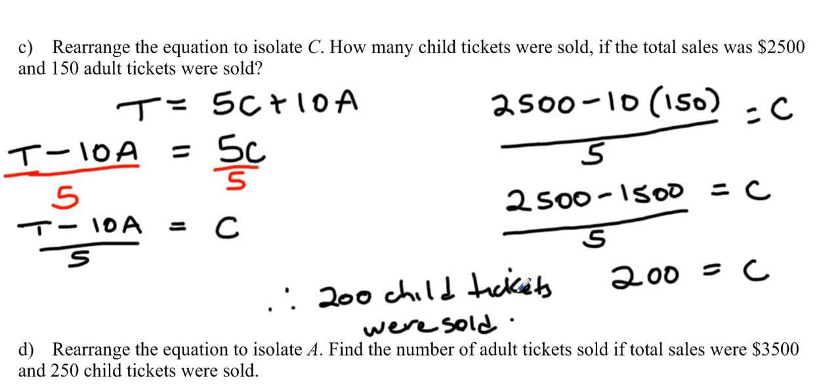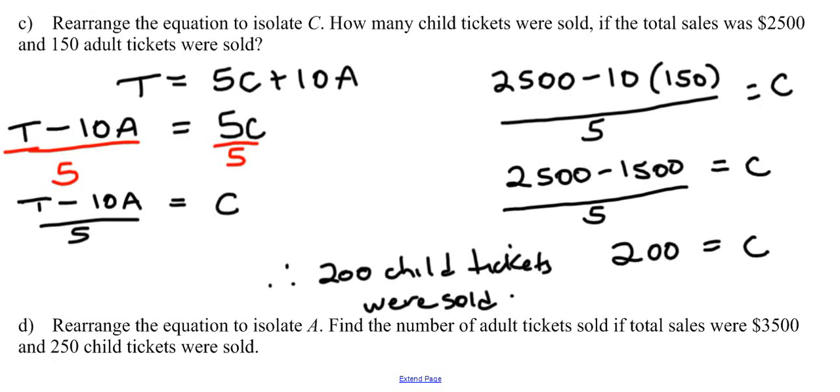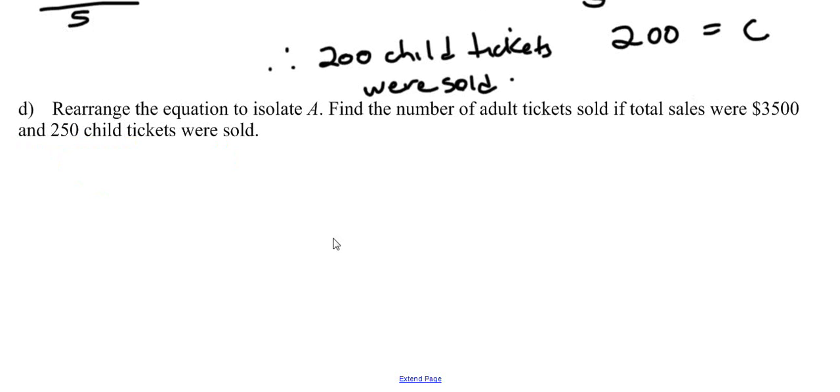Yeah. All right. It says rearrange the equation to isolate A. Find the number of adult tickets sold if total sales were 3,500 and 250 child tickets were sold. So again, we're going to go back to our equation, which was T equals 5C plus 10A.